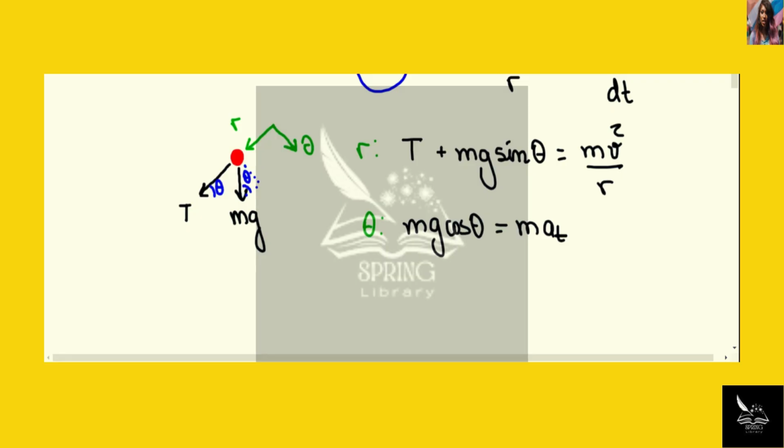Okay, our goal is to find what is the value of theta when T is equal to 0. So I'm going to use the first equation and set T equal to 0. So mg sine theta is equal to mv squared over r.